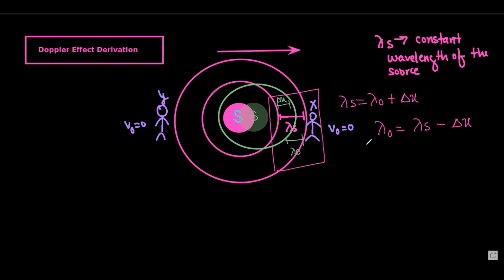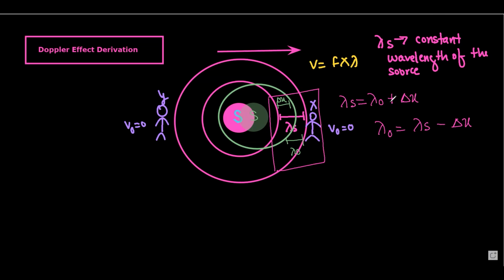Lambda naught represents the wavelength of the source as observed by an observer, in this case X. Lambda s is constant because the siren sound wavelength is not changing. And del x is the difference between the new position and the old position, depending on the velocity of the source. Now let's use the equation v is equal to f times lambda.